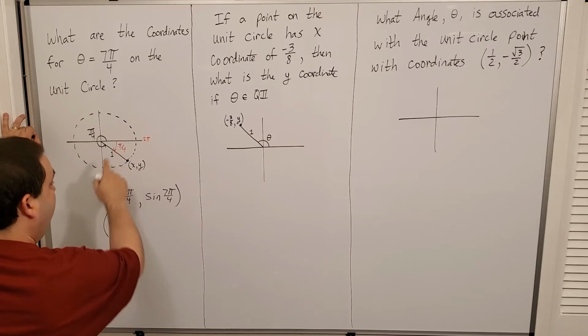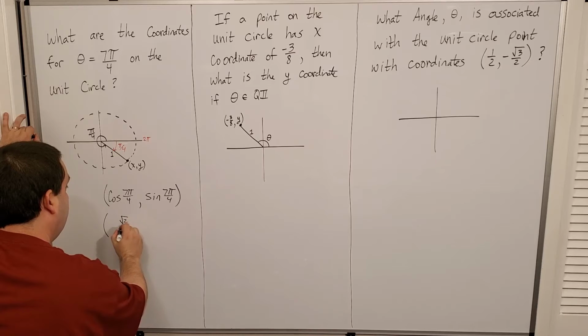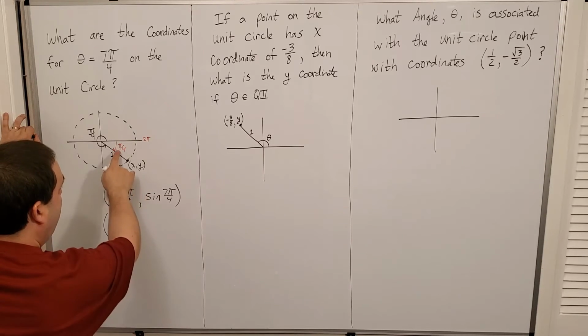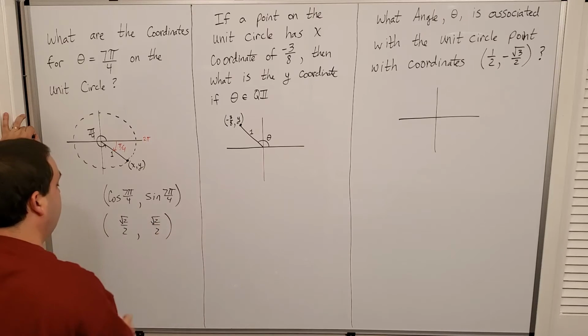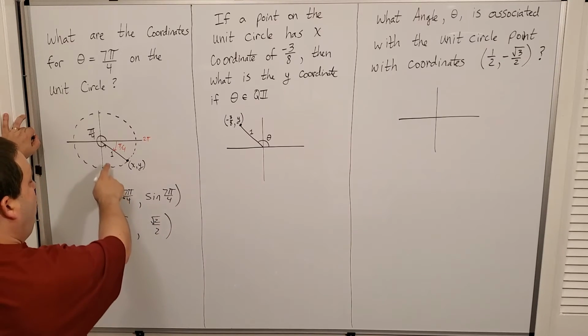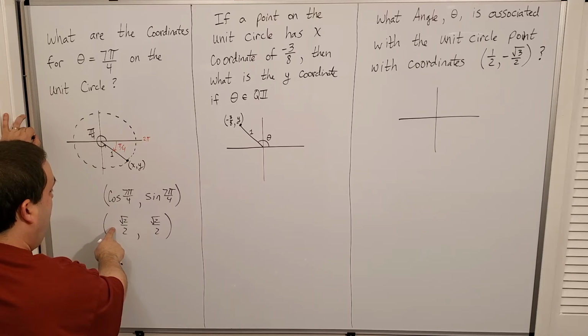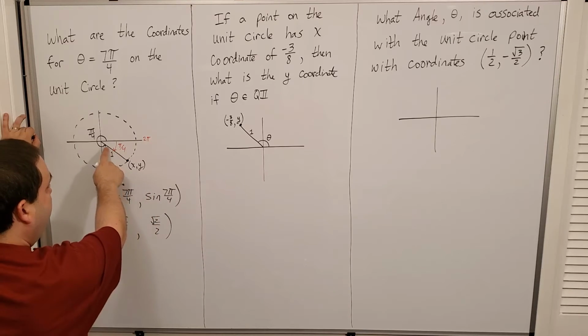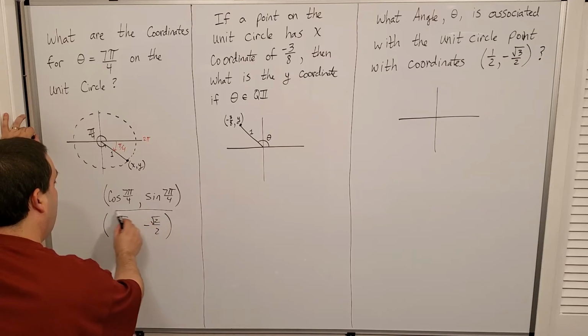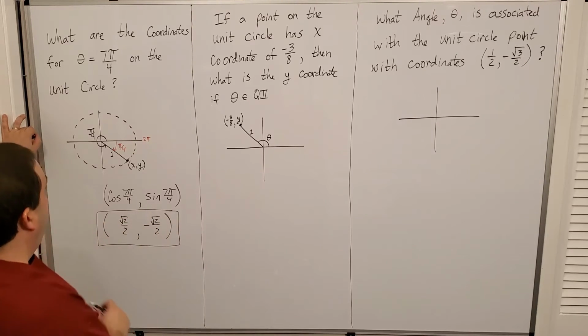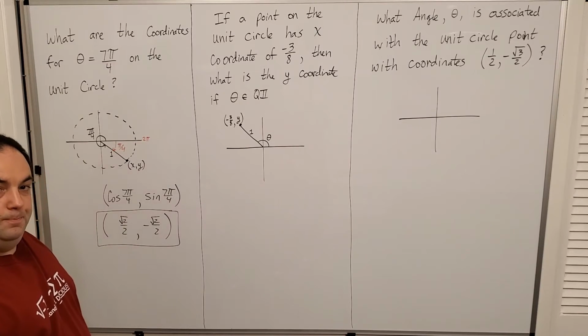The cosine of 45 degrees is square root of 2 over 2. The sine of 45 degrees is also square root of 2 over 2. And in quadrant 4, cosine is positive. And in quadrant 4, sine is negative. So here are the coordinates of that point on the unit circle.